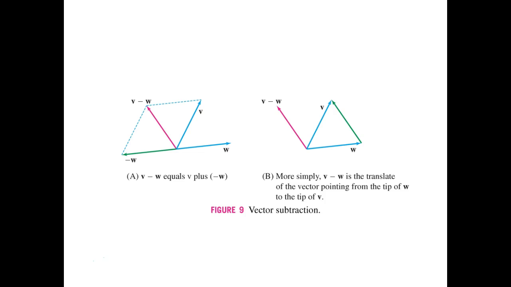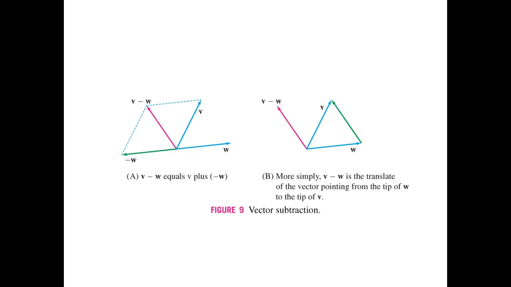Now, more simply, V minus W is the translate of the vector pointing from the tip of W to the tip of V. If that's something that speaks to you and you say, oh, now I see it, fine, use it. To me, that's harder to remember than this. This makes more sense to me than trying to remember which one is the tip and which is the tail.